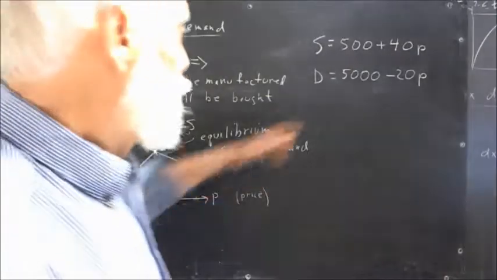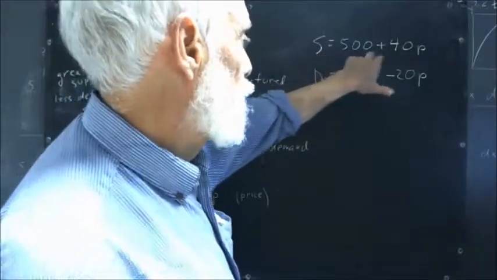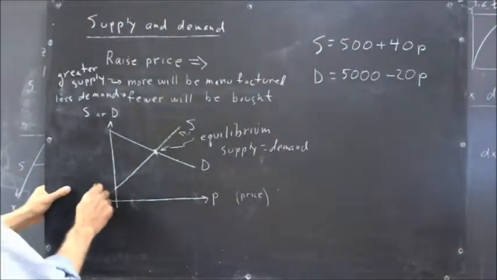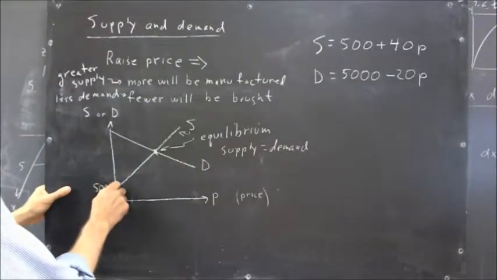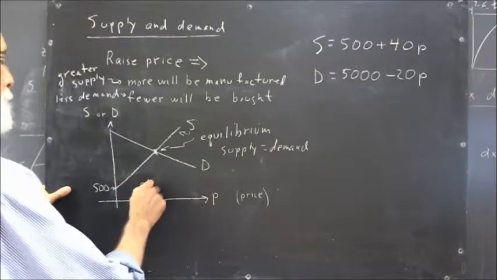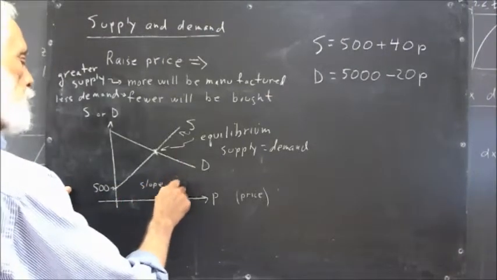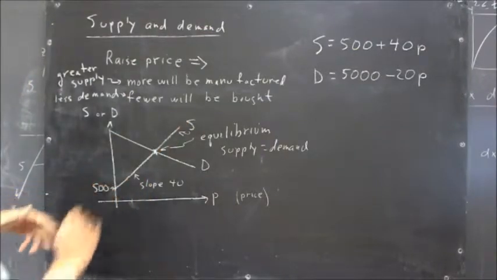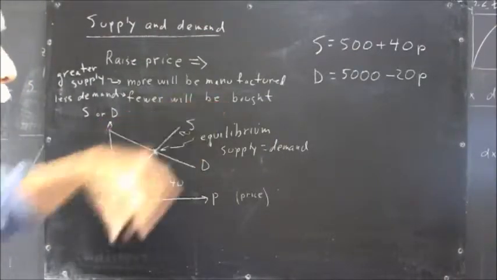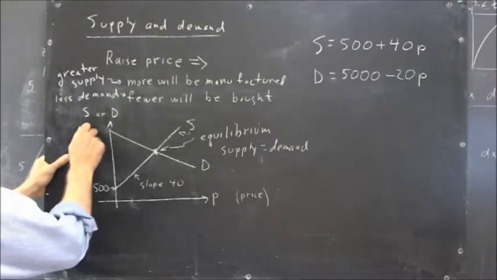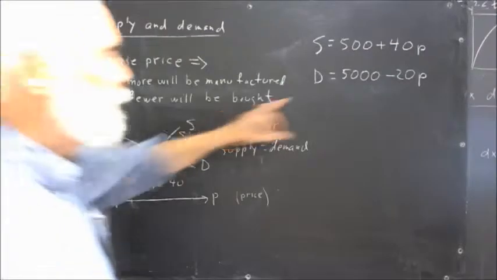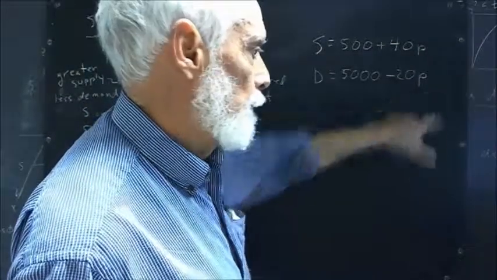Okay, so let's say that the supply function is 500 plus 40p. That would mean that you have a y-intercept of 500 and a slope of 40. A positive slope, there's your 500. And the demand is 5,000, which would be the number you would expect to be demanded if the price was 0.